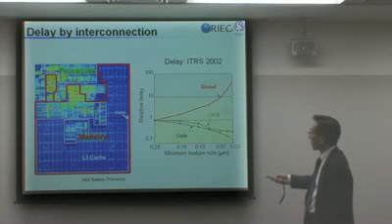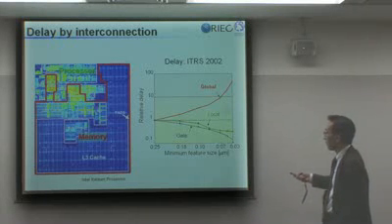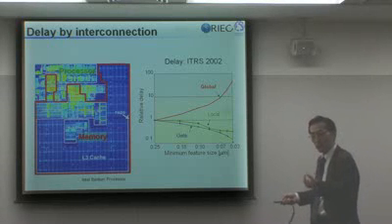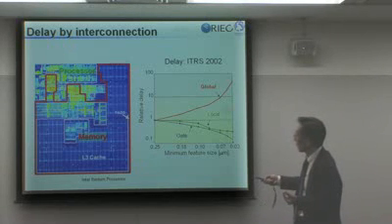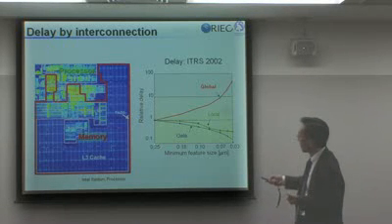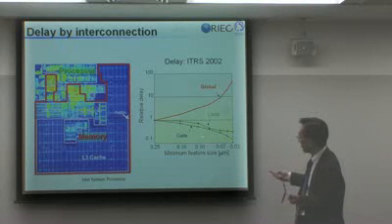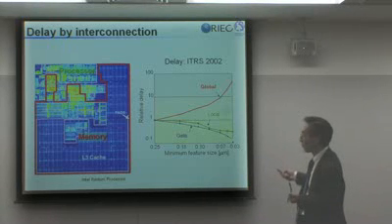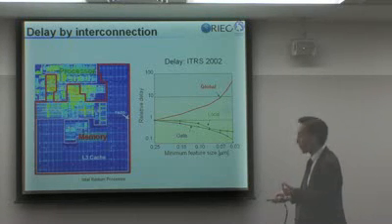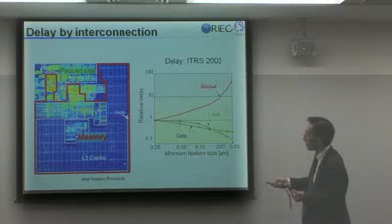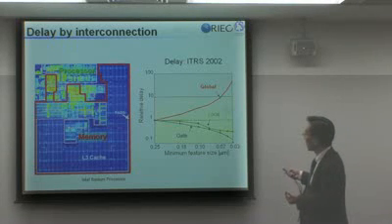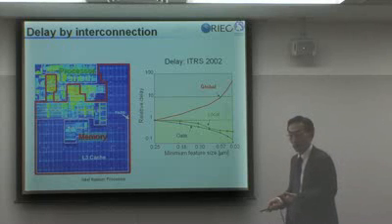This is a slide showing the minimum feature size, basically the transistor size, and the relative delay. As you reduce the transistor, the gate delay goes down because your transistor works faster. And local delay goes down because you have a better transistor.